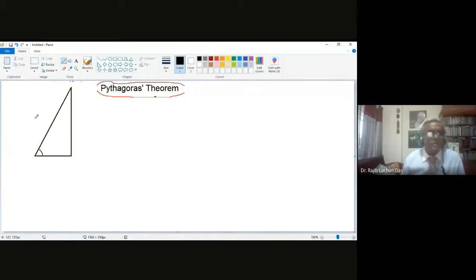The triangle name is ABC, with A, B, C, and the angle is given as 60 degrees, and this side is given as 10 centimeters.